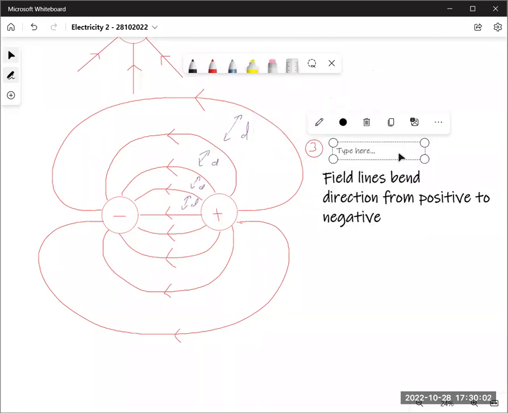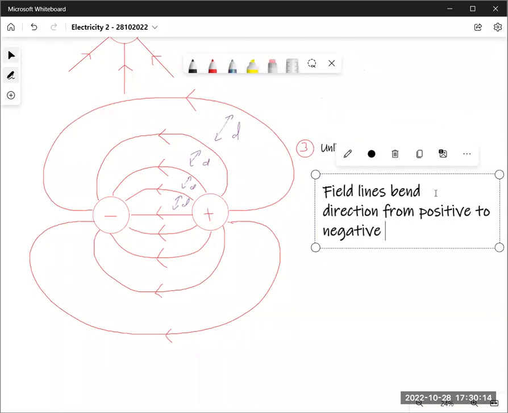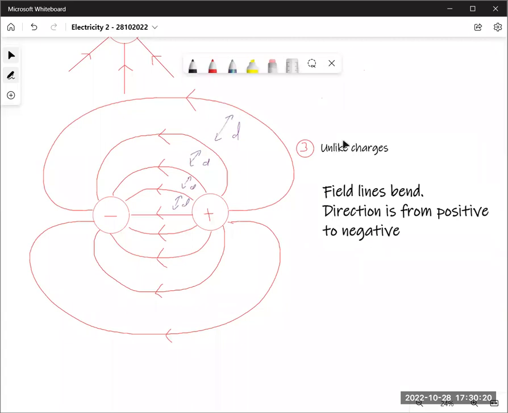This is basically unlike charges. These are called unlike charges. So field lines bend and the direction is from positive to negative. And unlike charges right over here, they attract.